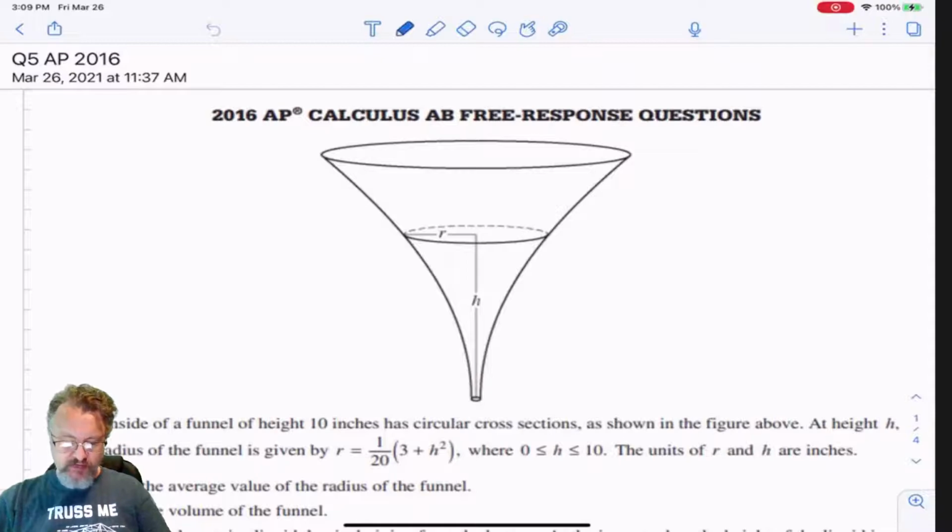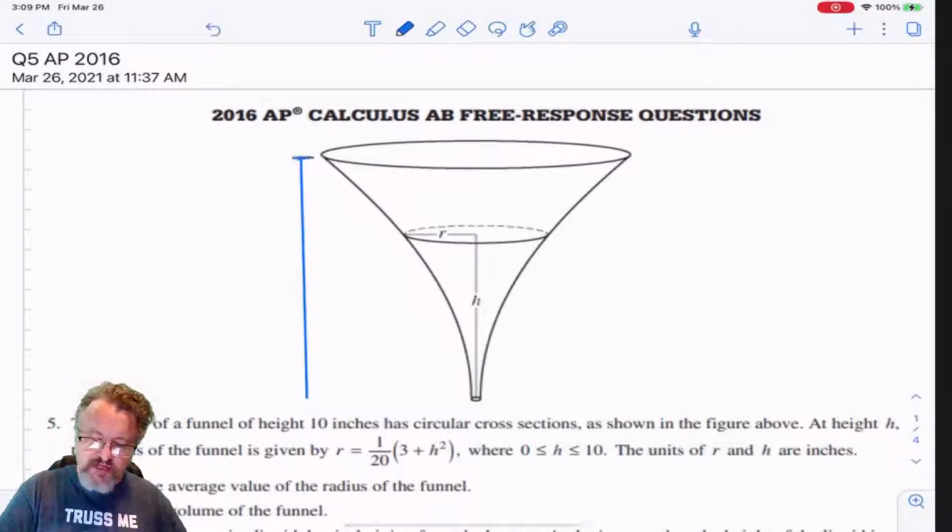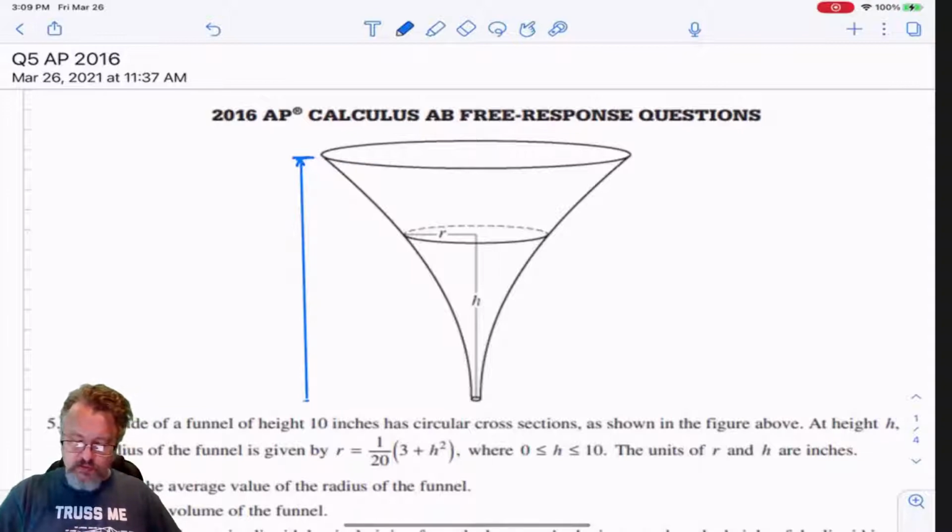So what do we have here? Let's read it. If you want to open it, of course, first go ahead, but here it is. The inside of a funnel of height 10 inches has circular cross sections as shown in the figure above. So that means that from this height right here to the bottom right here, this is 10 inches.